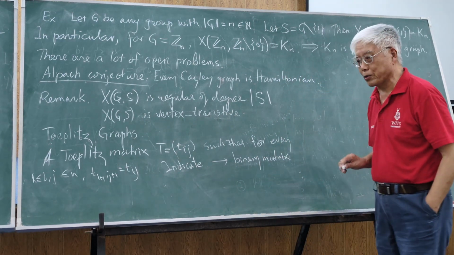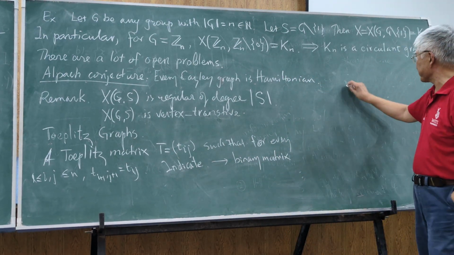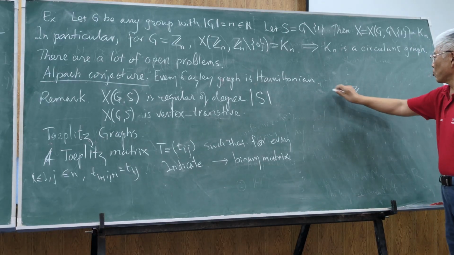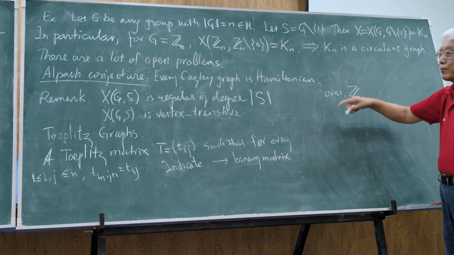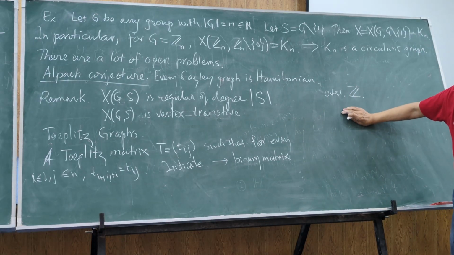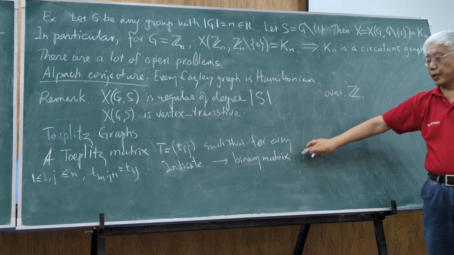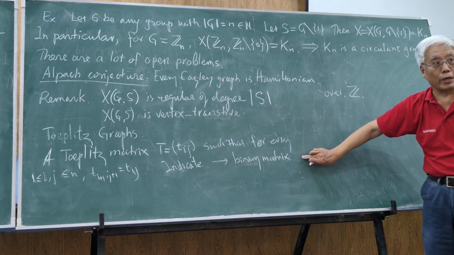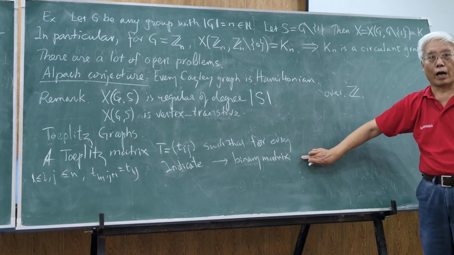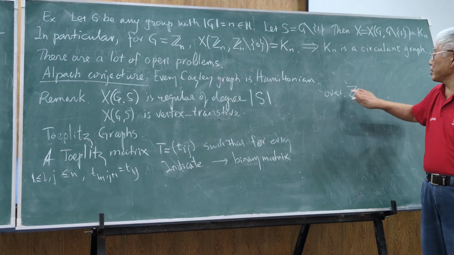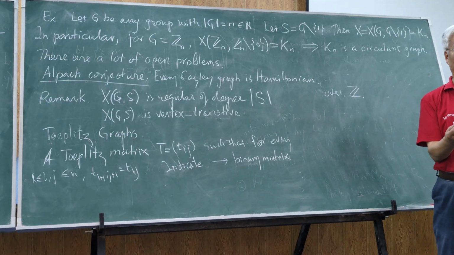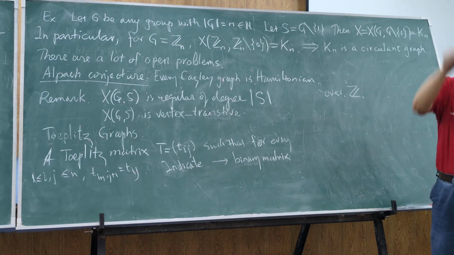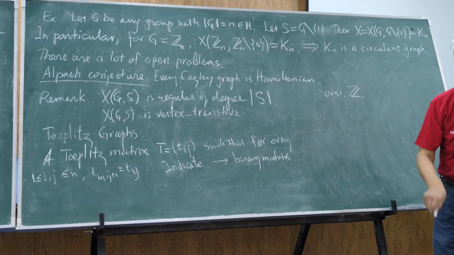Suppose that the Toeplitz matrix is over the ring of integers. Then every entry is an integer. We can also use the indicator and get a binary matrix. There's also another way of getting a binary matrix. How? If it is an integer, then every integer has a parity, odd or even. If it is odd, 1; if it is even, 0.